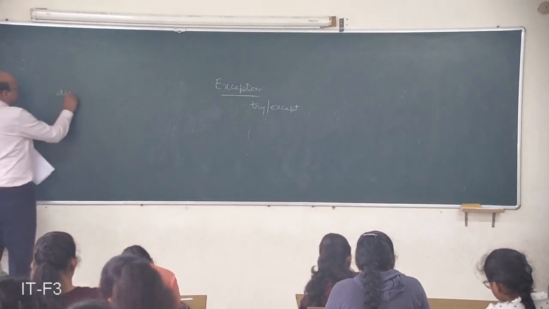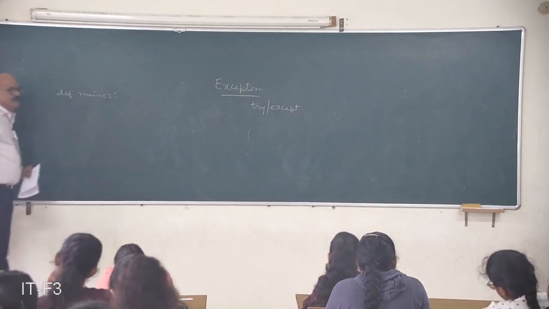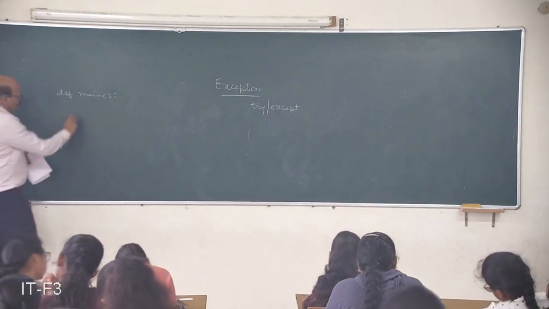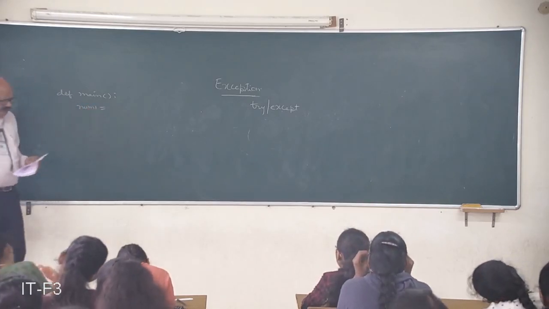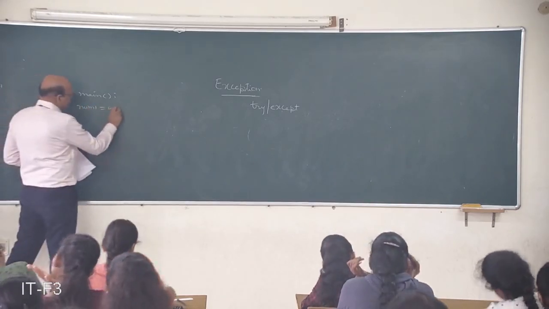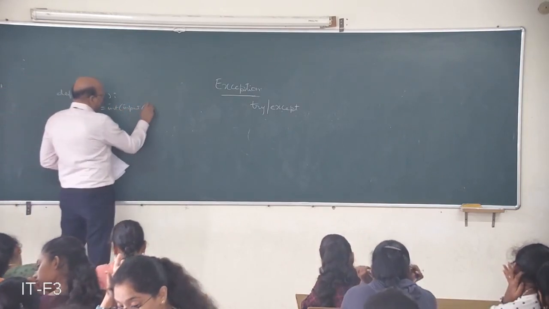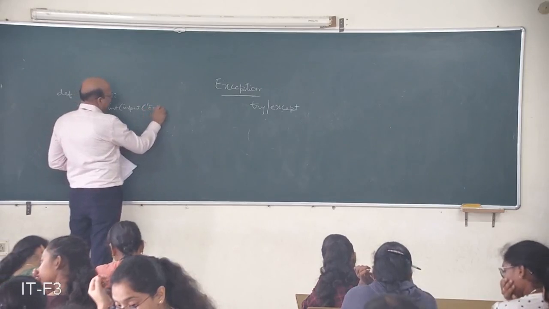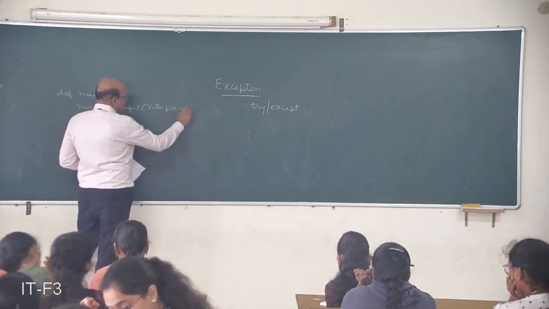Just the same example which we have discussed earlier. For example, I'll take two variables, division by zero exception. I'm asking the user to enter the first number.